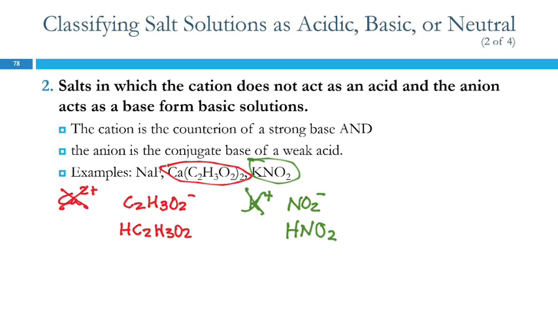I guess you could think of it as there's a limited amount of strength that would be shared between the cation and the anion, or between the acid and the base. This is a weak acid. It can't hog all of the strength, and so the conjugate is also weak.